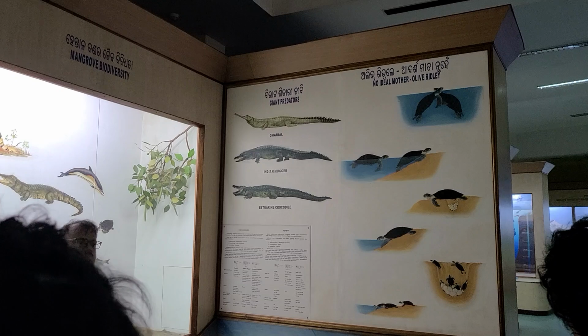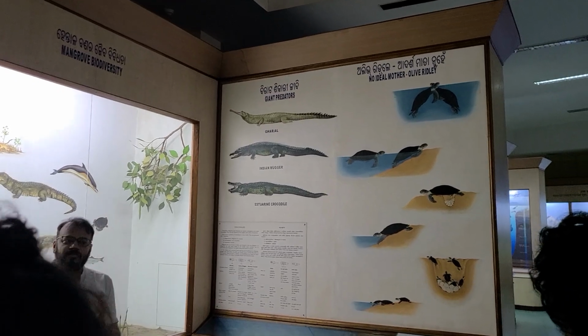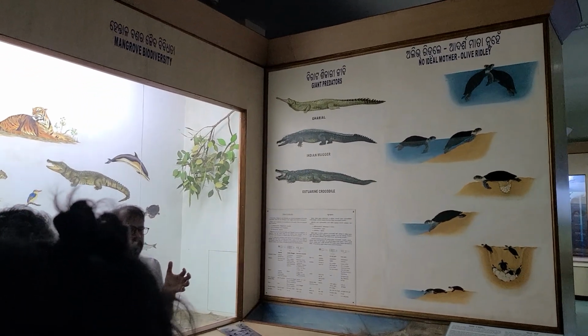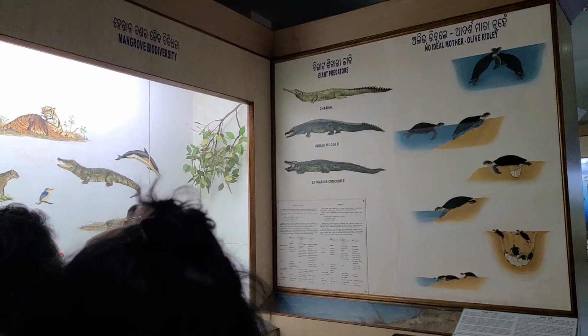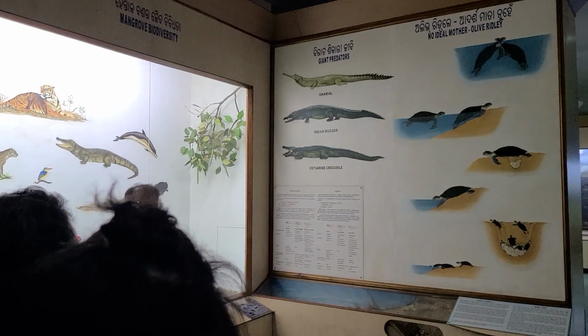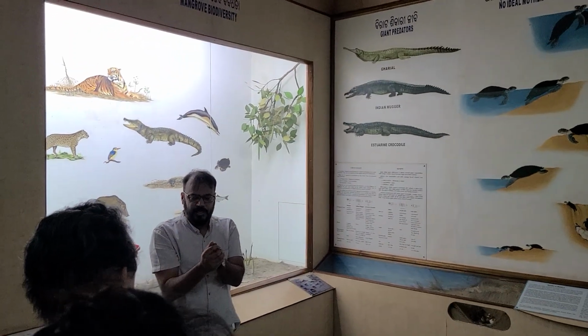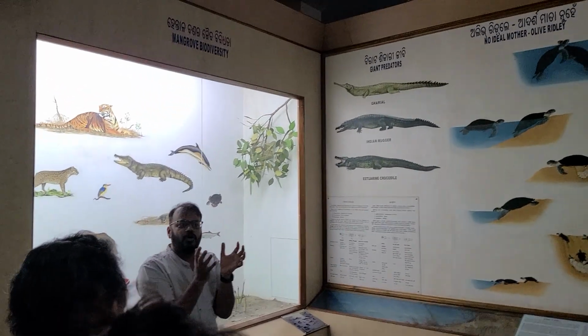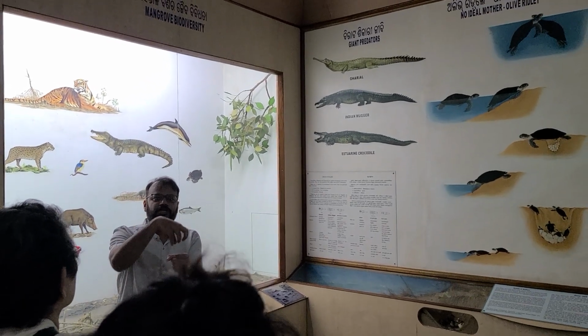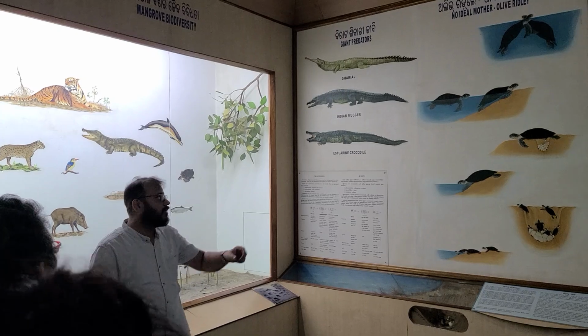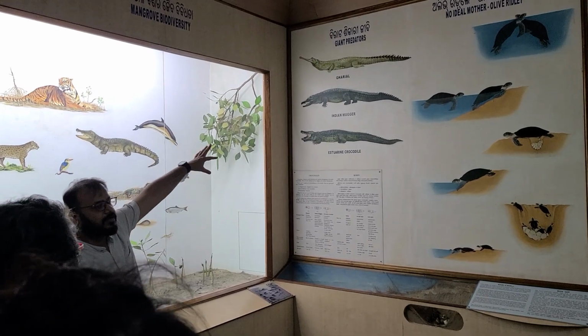And what is the reason behind it? In India, the pitcher is called Ghada. And on the snout of the Gharial, there is a pitcher-like structure, which is basically the conversion of its nostril, and that is why it is called Gharial.